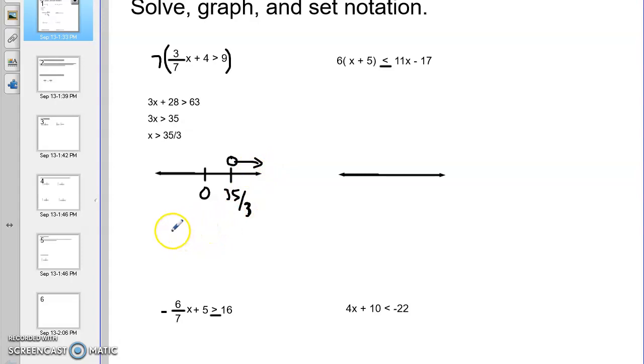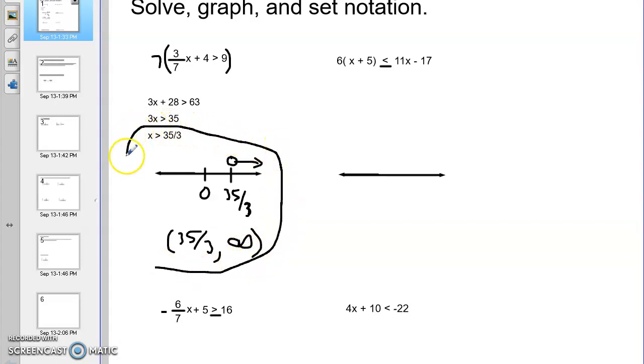And because it's greater than, it's a parenthesis for my set notation. So 35 over 3, and then comma, infinity. And that's my first answer, and all of this is part of the answer.